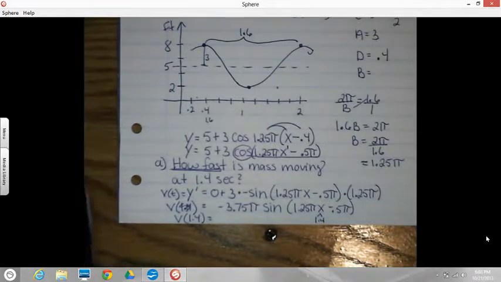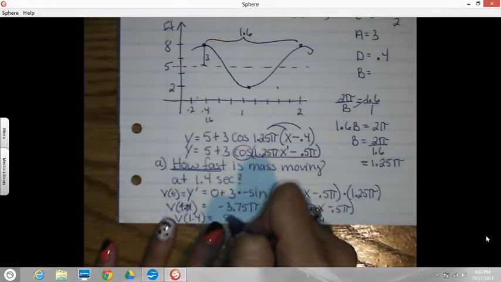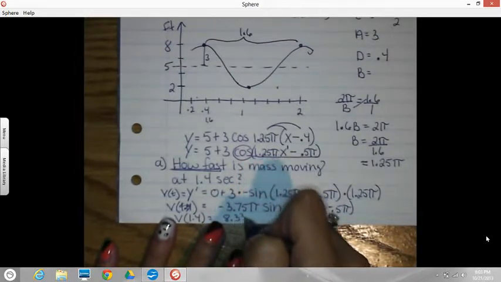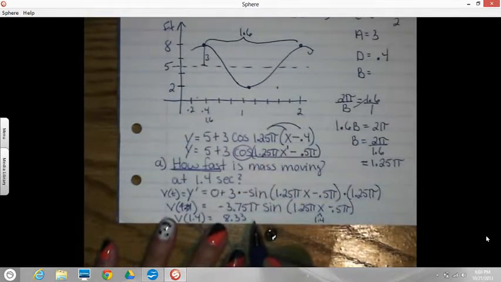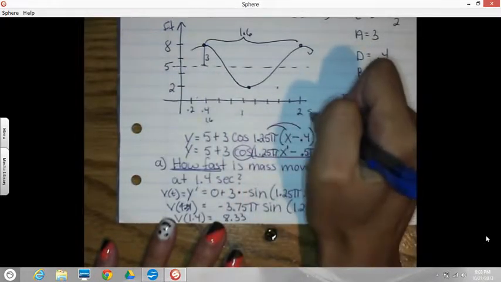There's nothing tricky there. Just everything in a row. And you should get 8.33. And it needs the units on it. And remember, we were doing the change in y over the change in x. So change in y is the change in feet over this was seconds. So it's feet per second.